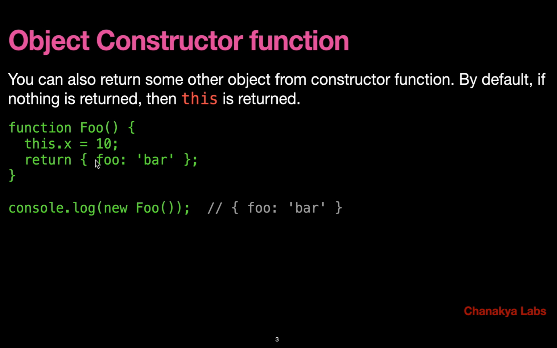It doesn't matter whether you are using this or arguments or not. If the returned thing is a function of this, or of arguments, all those things will be included, that is fine. But whatever is the final constructed value which is returned at the end, that is the output of the new constructor function call.